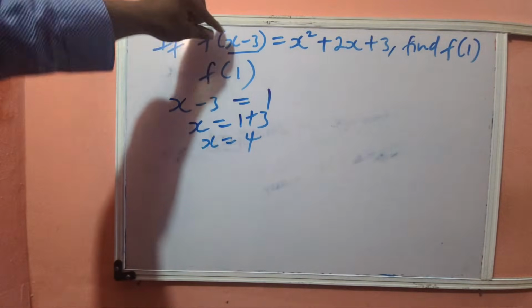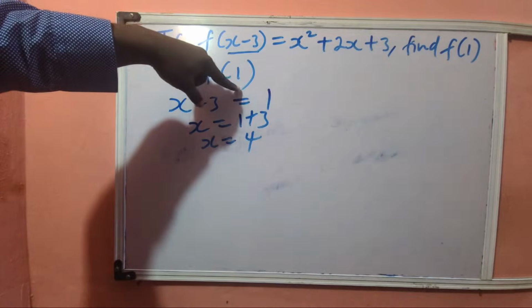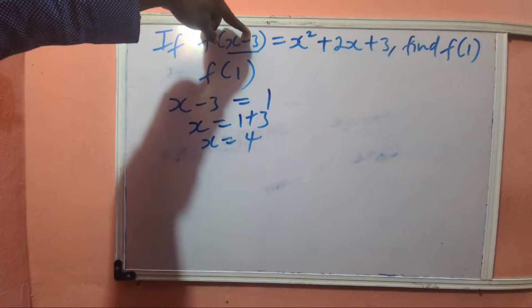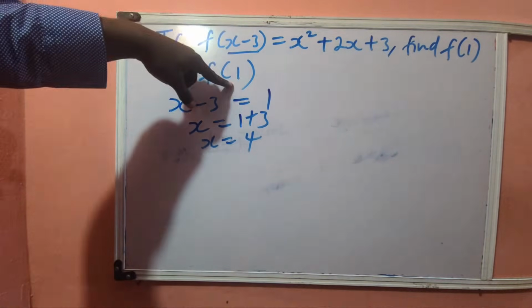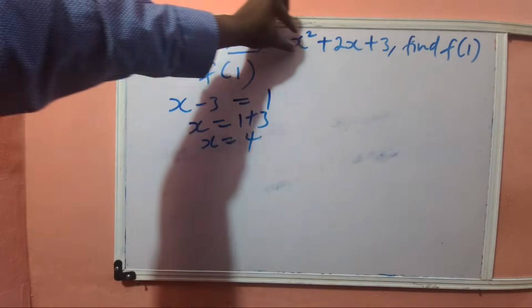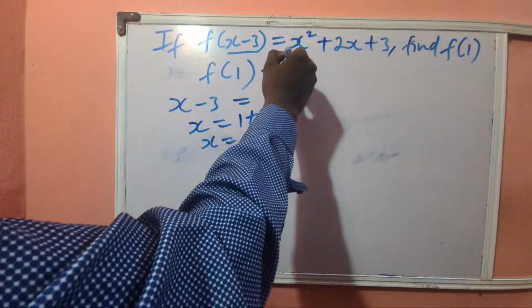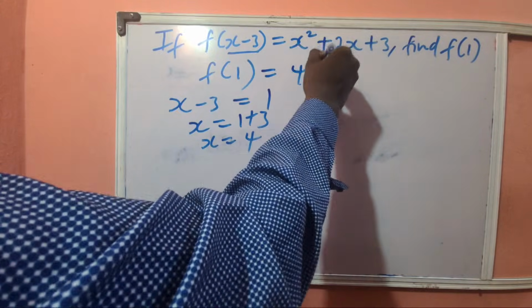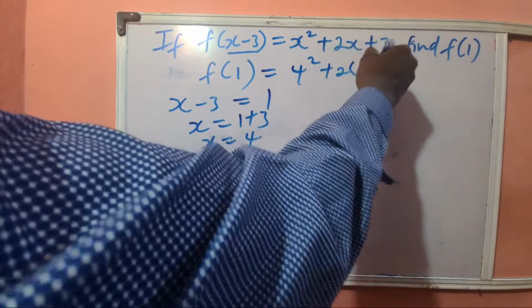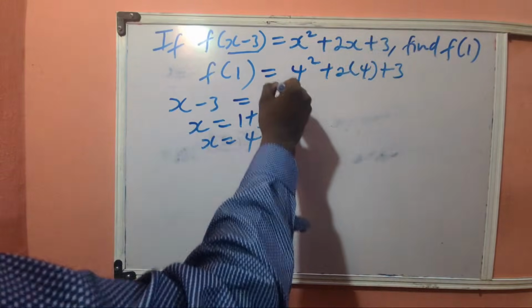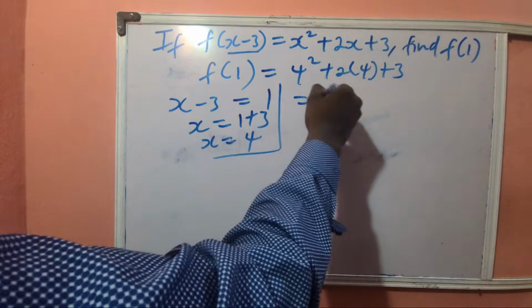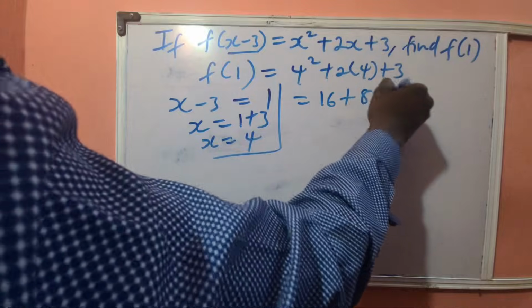Of course, you can see it: 4 minus 3 is 1. So if 4 minus 3 is 1, for me to find f(1), I needed to fix in x as 4 in this particular expression. So I'll be fixing my x as 4. Of course, this is equal to 16 plus 8 plus 3.